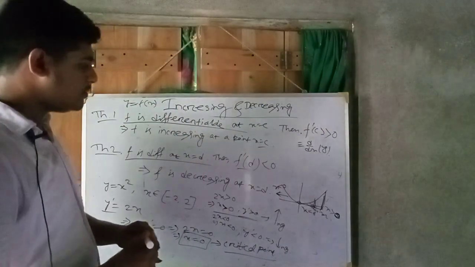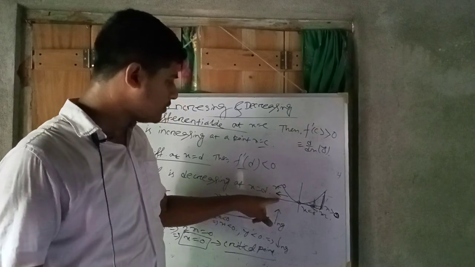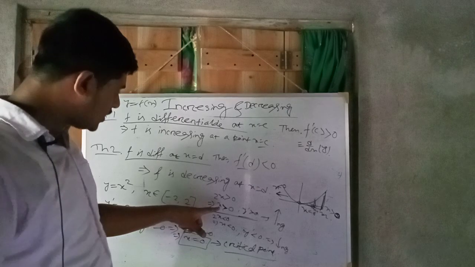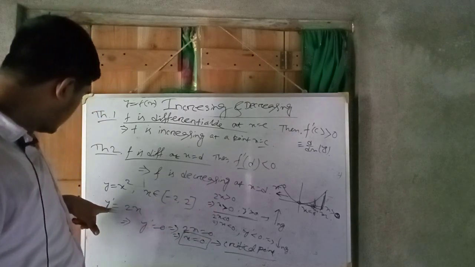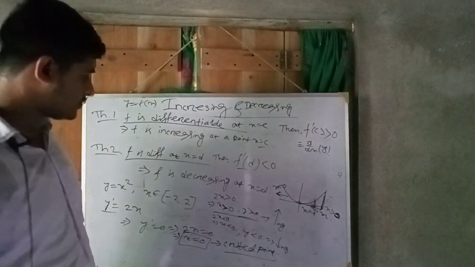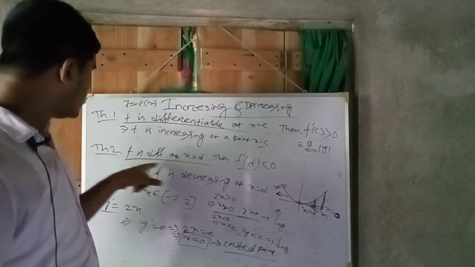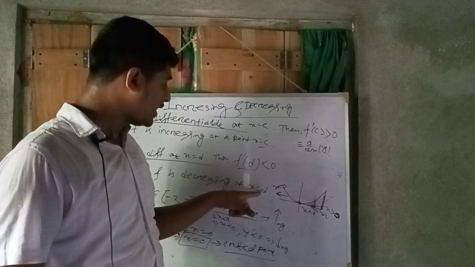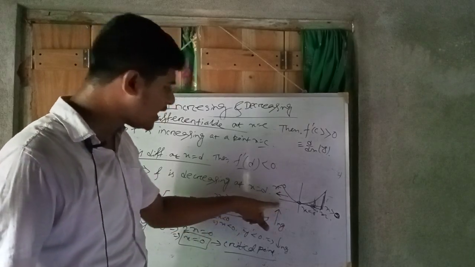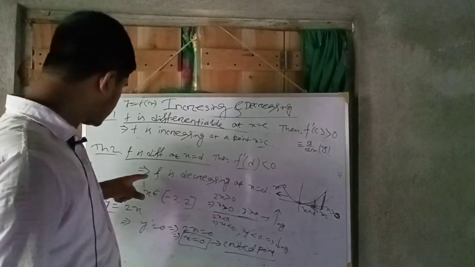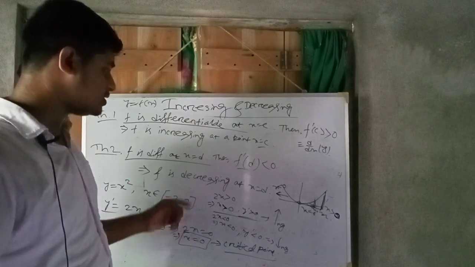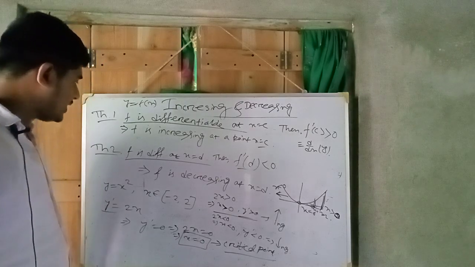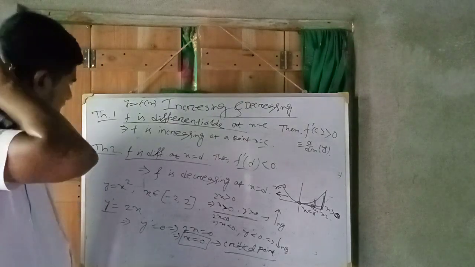You may take any point from the negative real axis and you should get y dash negative. So from theorem 2, we get f is decreasing at x equals d, but here every negative real number satisfies this condition. So this is true for every negative real number. So this is the decreasingness of the function y equals x square.